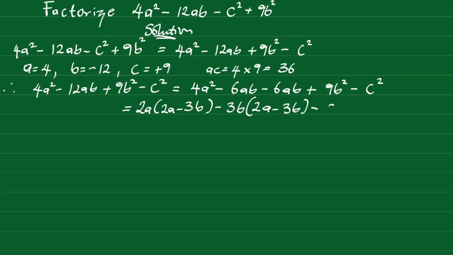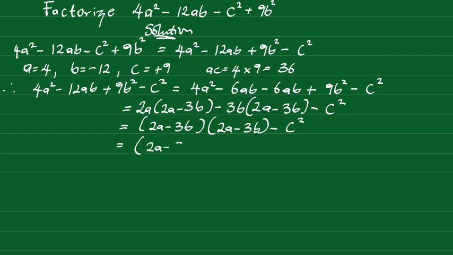Write down minus c squared. Solving further, we have bracket 2a minus 3b, bracket 2a minus 3b. Now, we add minus c squared, and since 2a minus 3b appears twice, this becomes bracket 2a minus 3b, bracket close, squared, minus c squared.